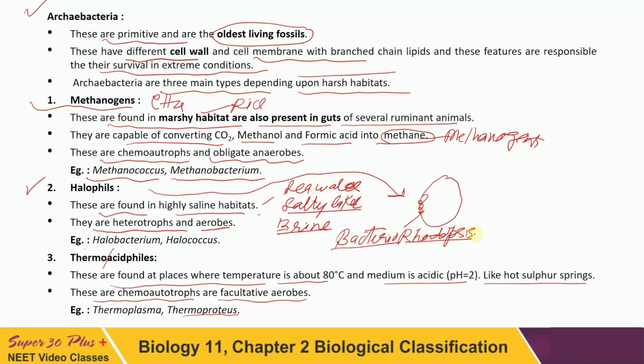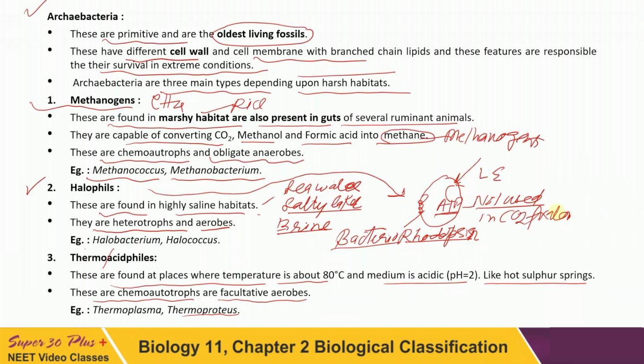With the help of this pigment they can trap light energy, and this light energy will be converted into ATP, adenosine triphosphate. But the interesting thing here is that this ATP is not used in synthesis of food. That is, not used in CO2 fixation. You have to remember it.